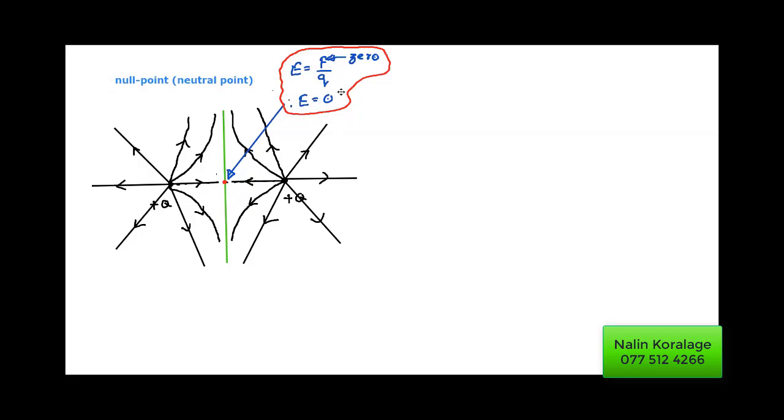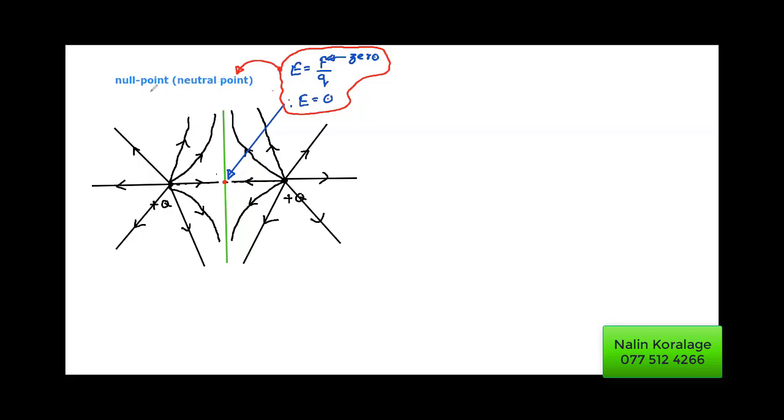So the electric field intensity became 0, and such a point is known as a null point. So we have just one null point in this particular field line diagram. Such a point is called a null point.